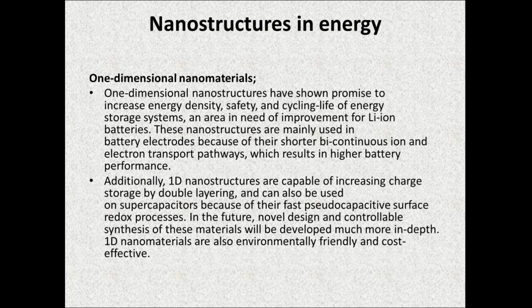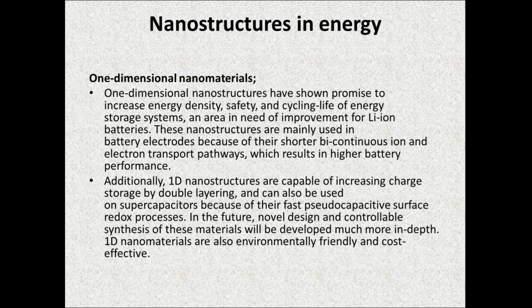These nanostructures are mainly used in battery electrodes because of their shorter, continuous ion and electron transport pathways, which results in higher battery performance. Additionally, 1D nanostructures are capable of increasing charge storage by double layering and can also be used in supercapacitors because of their fast pseudocapacitive surface redox process.